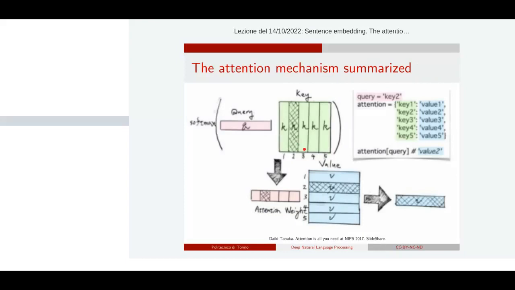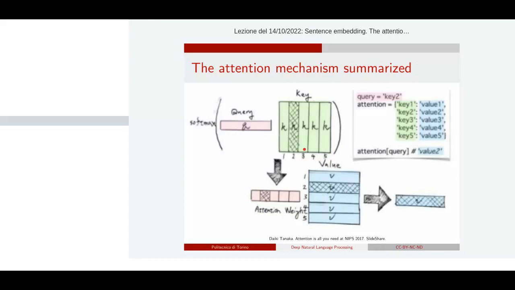This string, of course, matches with one of the keys in the input data. The data can be represented as key value pairs. Of course, you have key 1, value 1, key 2, value 2. We have a lot of key value pairs.